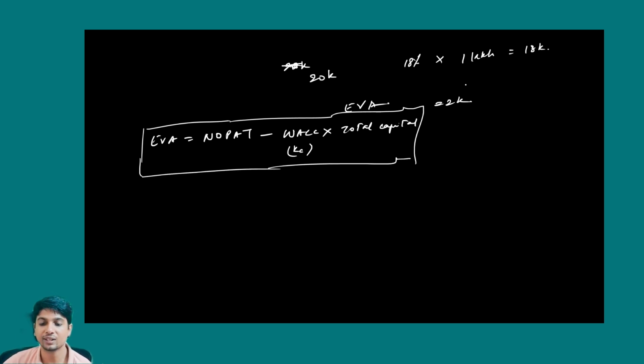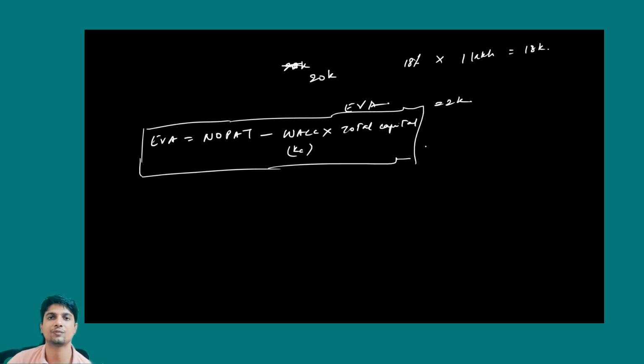So now in this example, what will happen to the value of company if I am generating excess return over and above the required return? So obviously the firm value will increase. So if I have to give dividend and ensure that the firm value will not reduce.